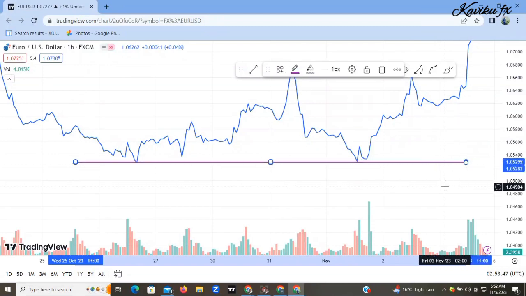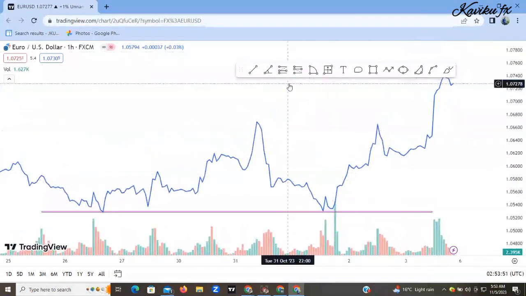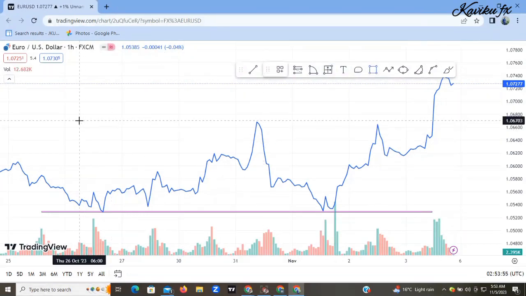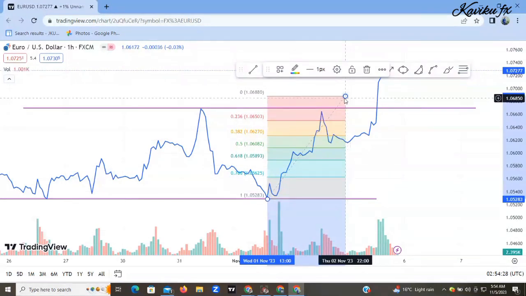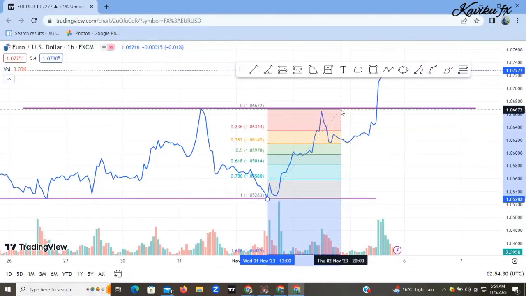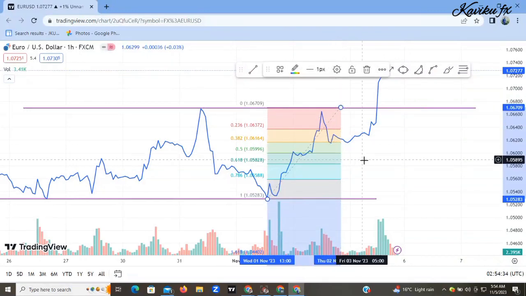However, how do you identify a pullback? A Fibonacci can help you. This is a Fibonacci. You can see it has several colors. You can customize this and go on the rainbow side, like rainbow colors, whatever colors you want. Right from the lower side, you have the 1, 0.7, 0.6.